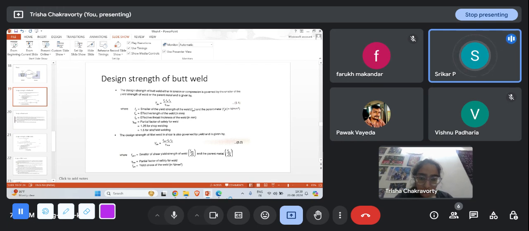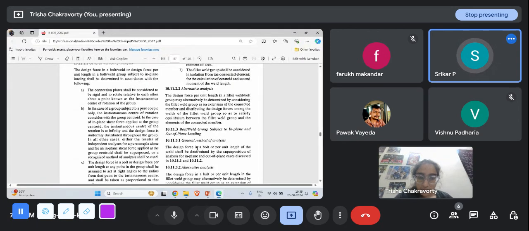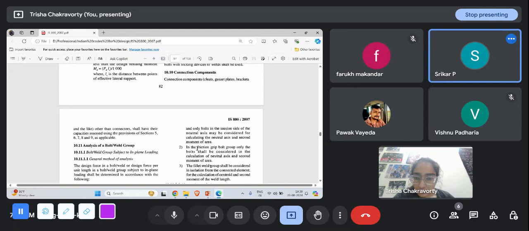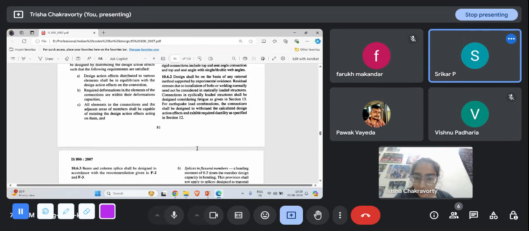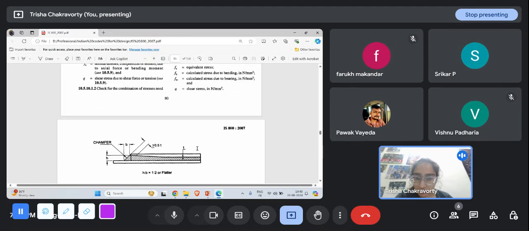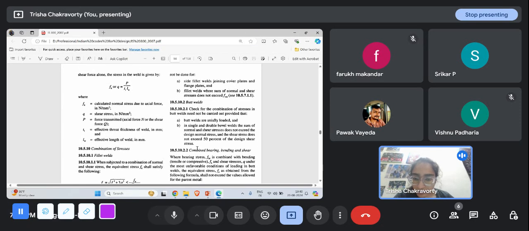For shear, fillet is definitely in shear, and butt is definitely in yielding. Okay, one second. As far as I knew, the butt weld should also have a shear criterion.